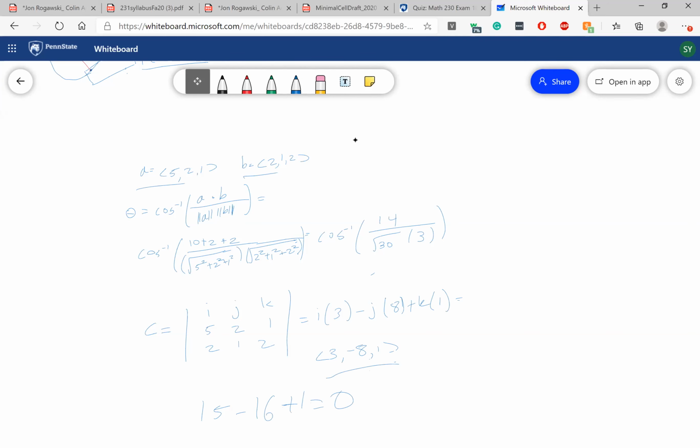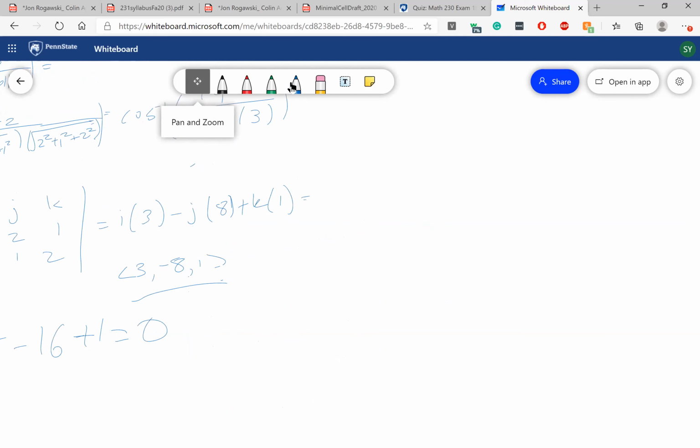So now we can find its unit vector. The unit vector of C, honestly, I think a better notation is like u hat or something, whatever.